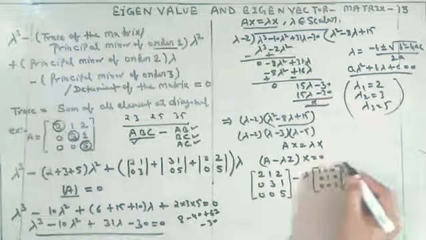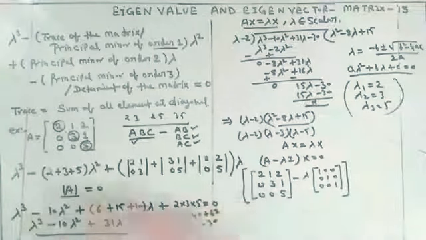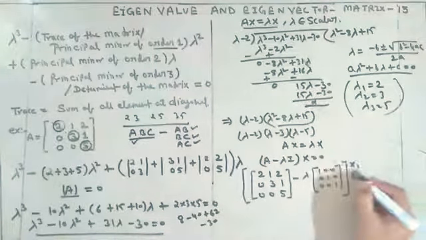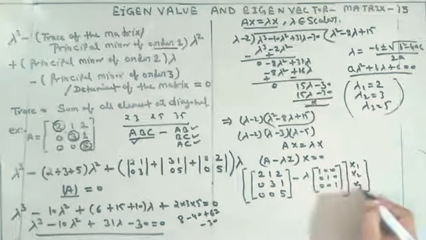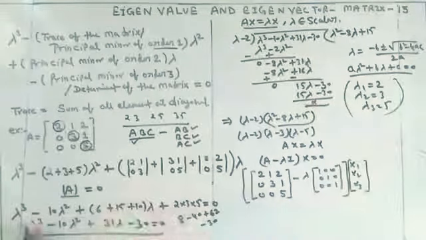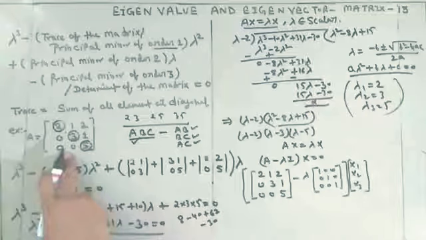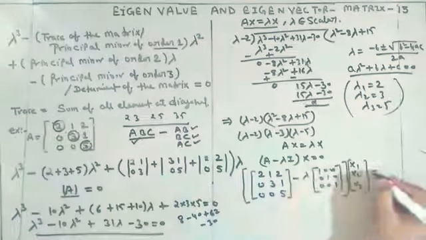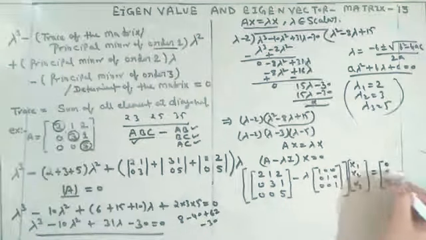Then x means 3 variables x1 x2 x3. Because this is a 3 by 3 matrix, there will be a 3-vector, 0 0 0.